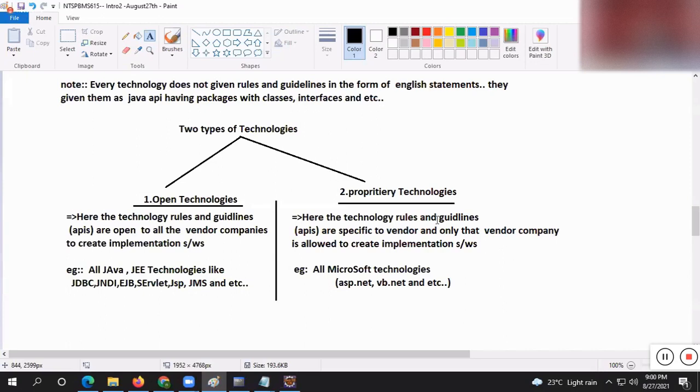Okay. Why does ASP.NET have only one server, that is IIS? Why does the technology not have multiple servers? Mr. Jackman, Advanced Java, not only me, so many other faculties are teaching.